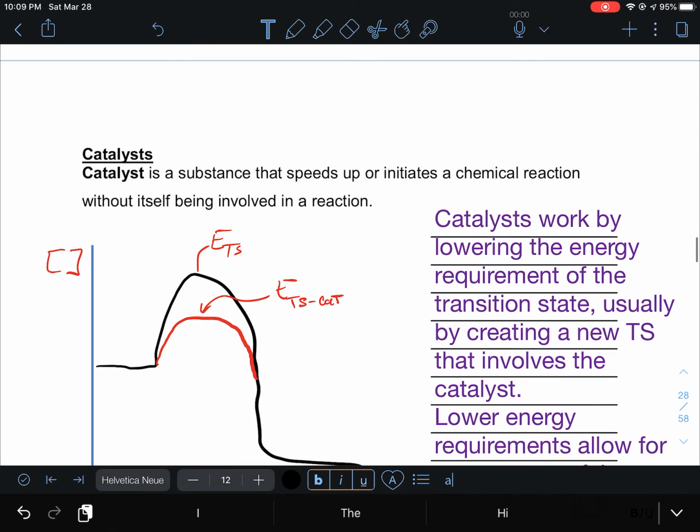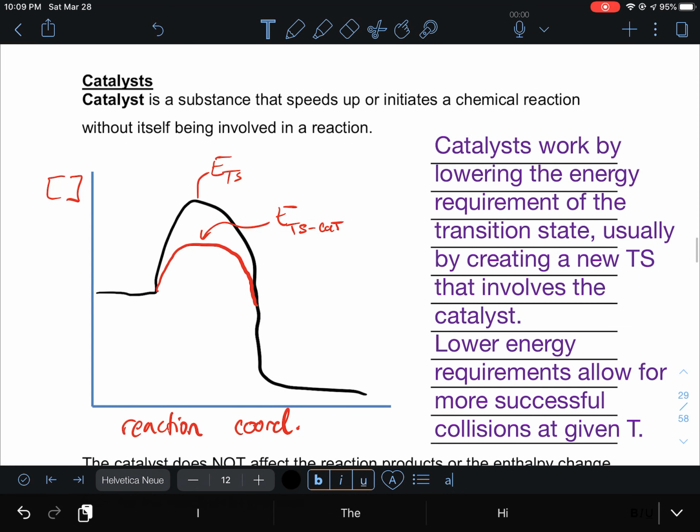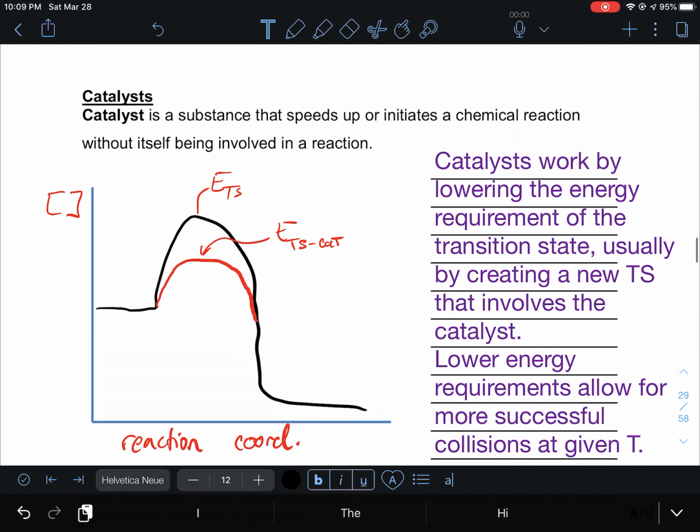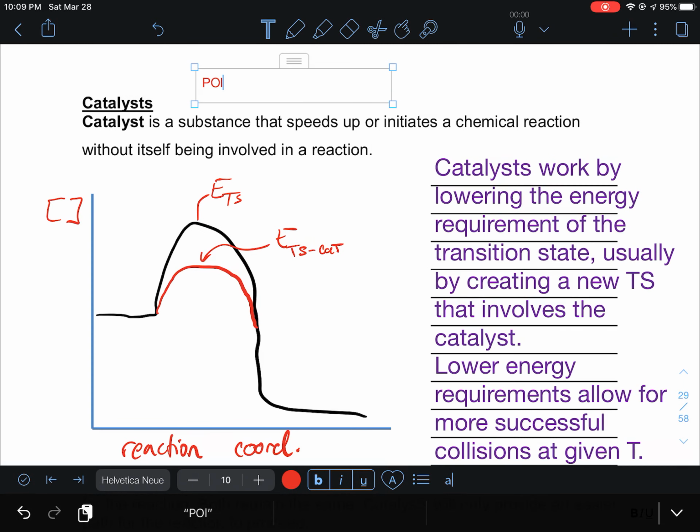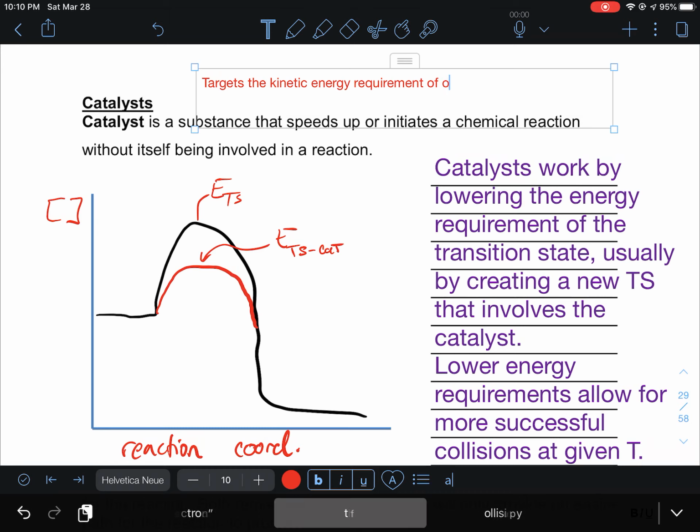Higher concentration, faster reaction. The other option is a catalyst. A catalyst is a substance that will speed up a chemical reaction by reducing the energy requirement. So this targets the kinetic energy requirement of our collision theory by reducing this requirement.